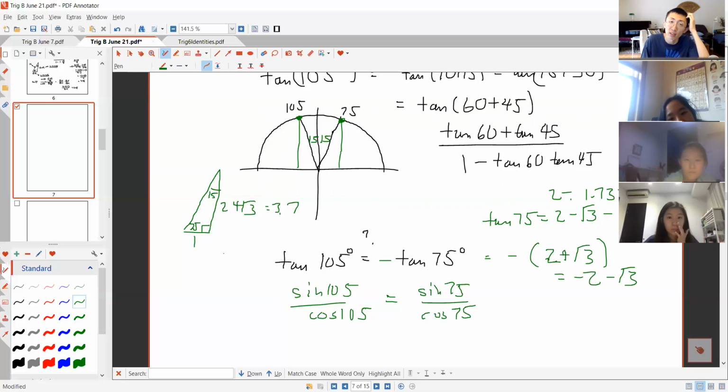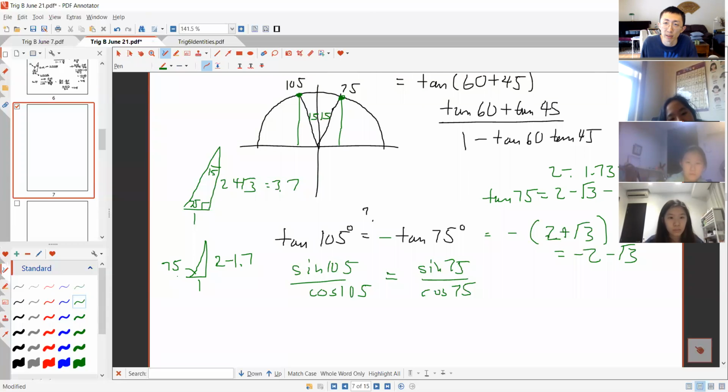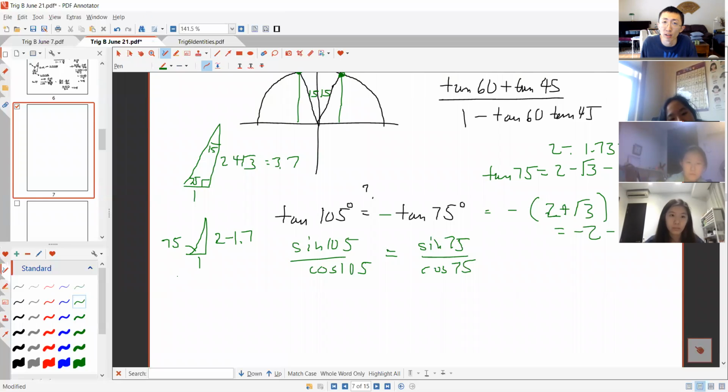So that doesn't look right. If this was 1 and this is 2 minus 1.7, then clearly something's not to scale in our diagram if this is 75. So you should do some estimations and check that your answer is roughly in the right ballpark of a correct ratio or measurement.